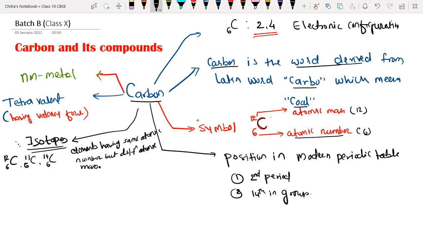And carbon has 3 isotopes: carbon-12, carbon-13 and carbon-14, out of which carbon-14 is radioactive. Very important, radioactive.